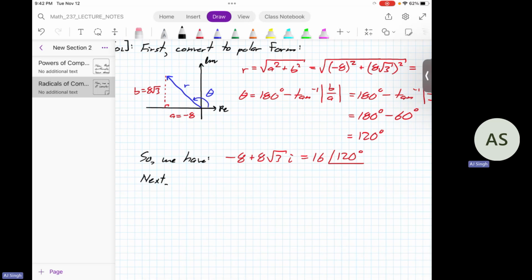So I'll just say next. We denote the fourth root in this case, right? 16 angle 120 degrees is ultimately going to look like r angle theta.